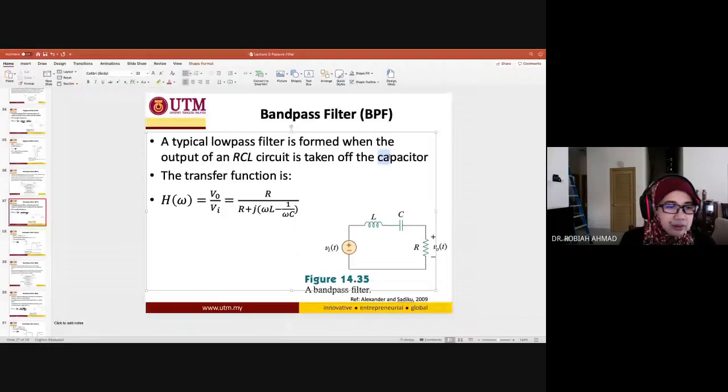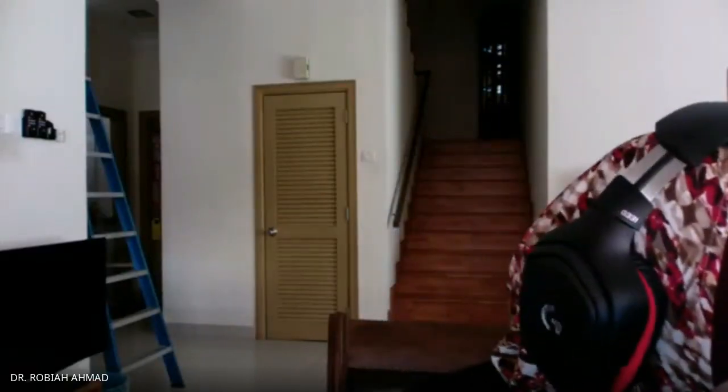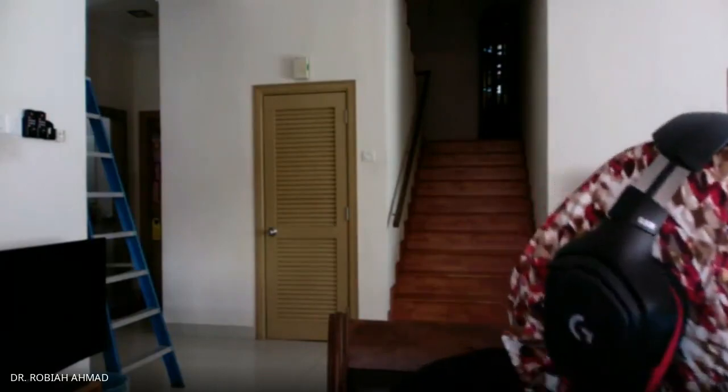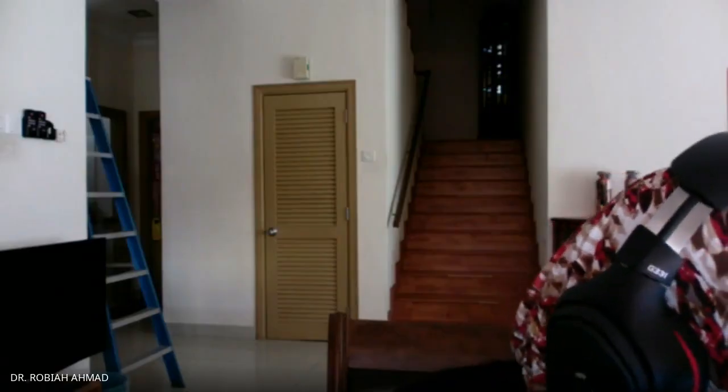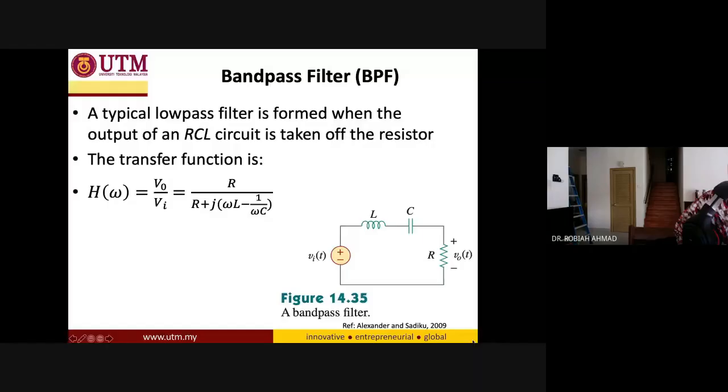Okay. So our transfer function for band pass will be here. When you do the mathematics, okay, let me double check the filter. The RLC, the band pass.